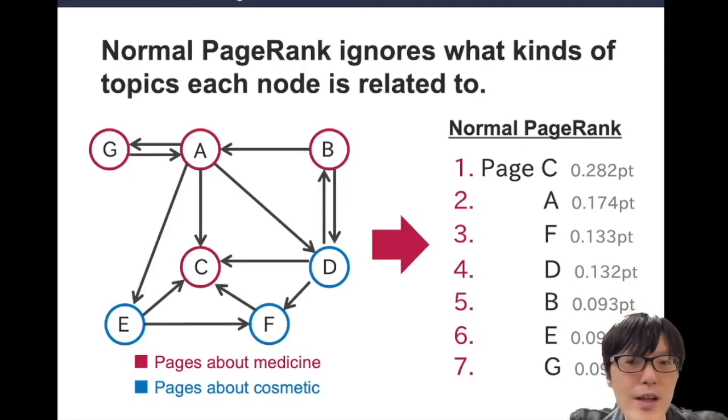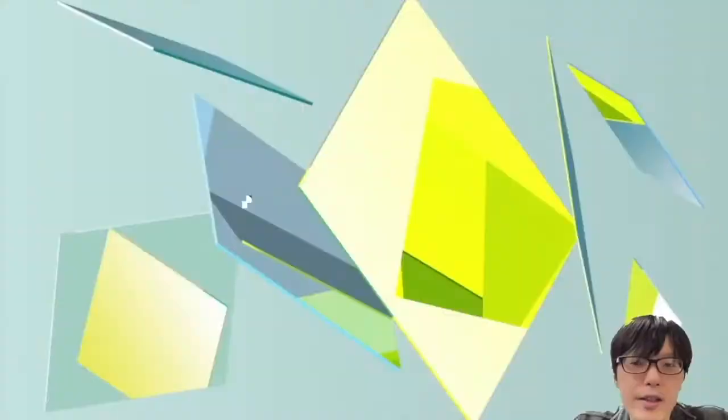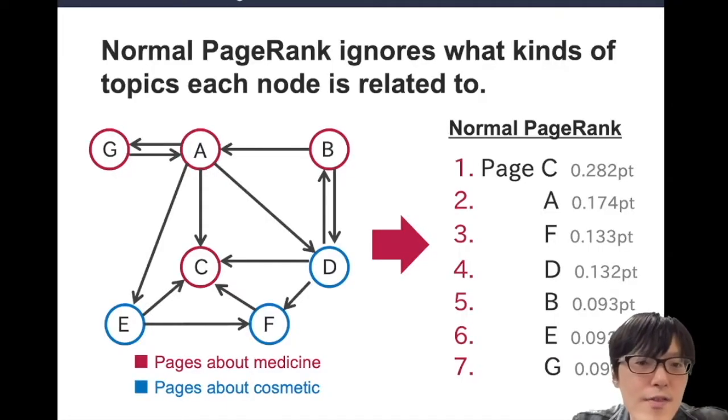I show you one example. Here, this graph shows some web pages and their link structure on the web. On this graph, the red color nodes are about medicine. On the other hand, the blue color web pages are about cosmetics.